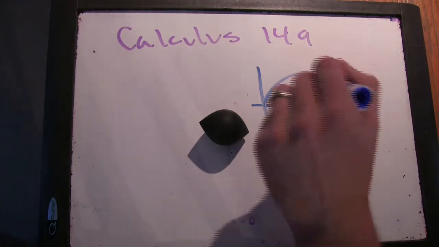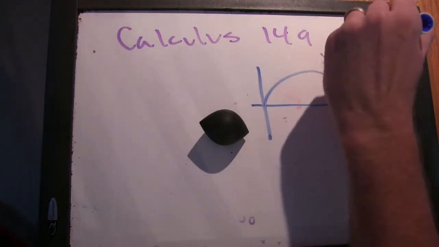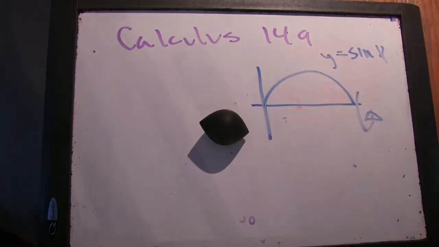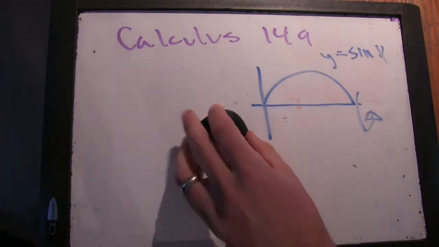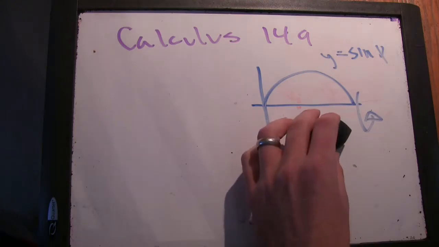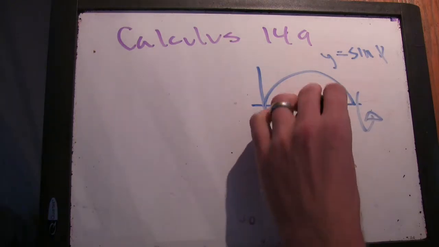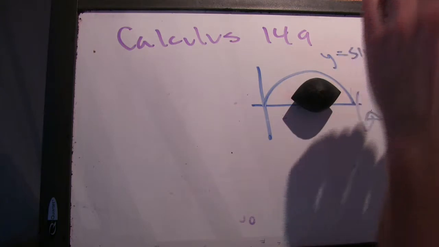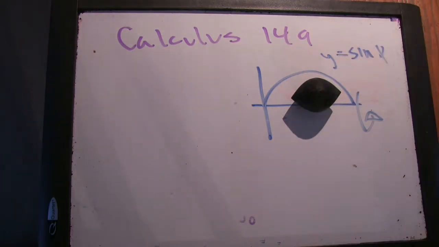Okay, so y equals sine x, and this is rotated around the x-axis. This marker's, as usual, not great, but explain how you would find the volume of this. In terms of rotation and volume problems, this is a relatively straightforward one.